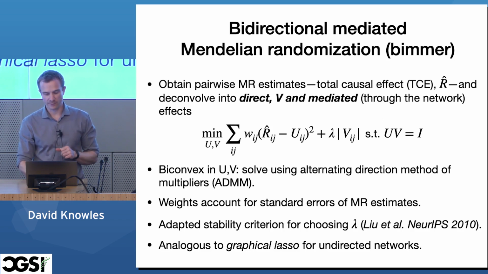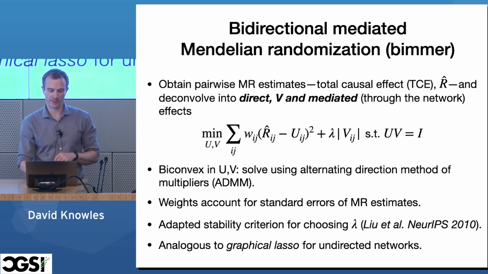And this V is going to be the approximate inverse of R. And this L1 penalty is very analogous to lasso regression or graphical lasso, if you're aware of that. And we set this up in this slightly strange looking way where we actually introduce U as well, and we constrain that the matrix U times V should be equal to I. So that's saying that U is the matrix inverse of V.